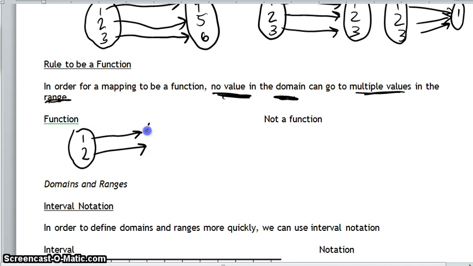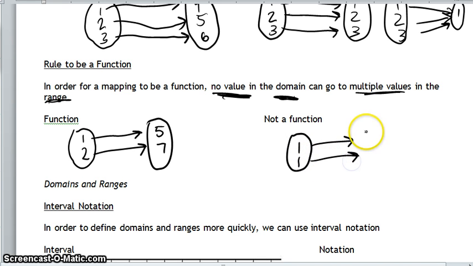If you plug in 1, I'm going to get 5. If you plug in 2, I'm going to get 7. Not a function. Now take 1 and 1. Plug in 1, I get both 1 and 2. This is not a function.